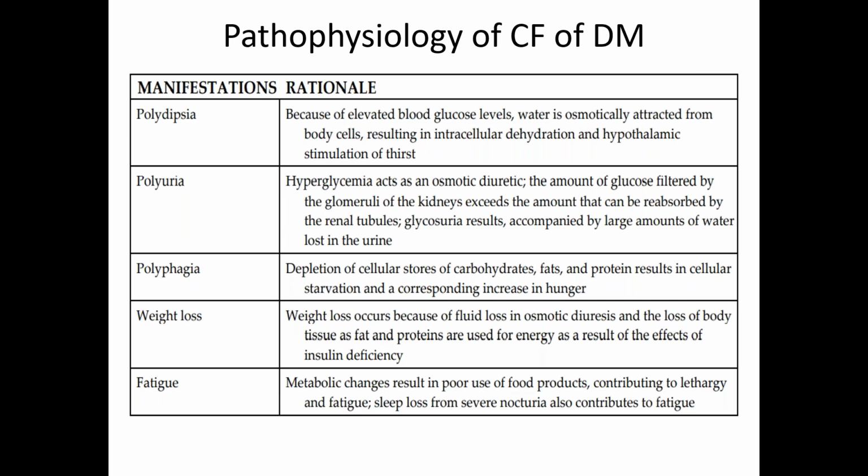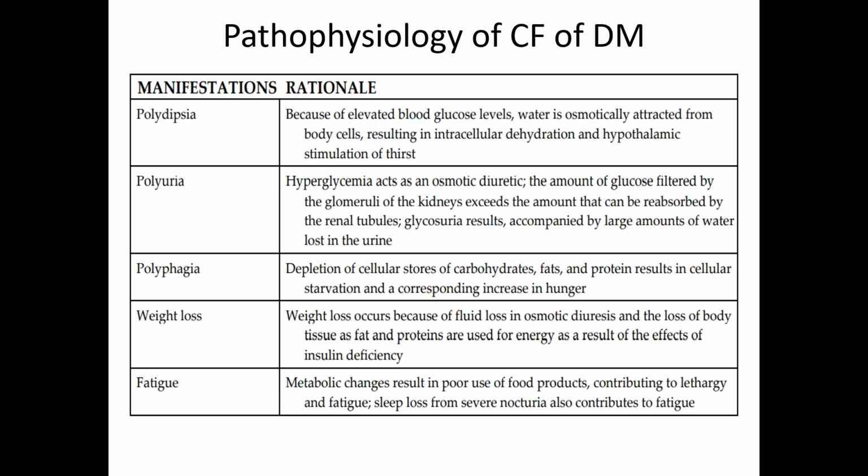Polyphagia is increased appetite. Depletion of cellular stores of carbohydrates, fats and proteins results in cellular starvation and a corresponding increase in hunger. Insulin is an anabolic hormone. It causes synthesis of carbohydrates, that is glycogen, fats and proteins.